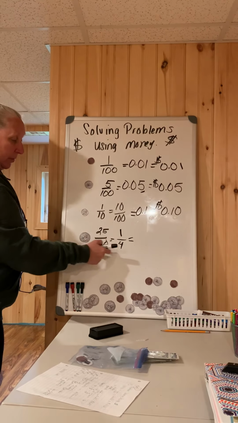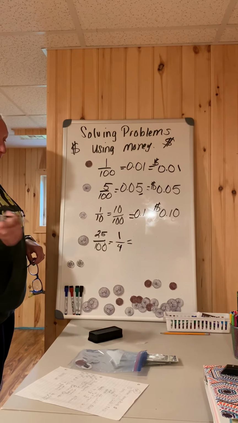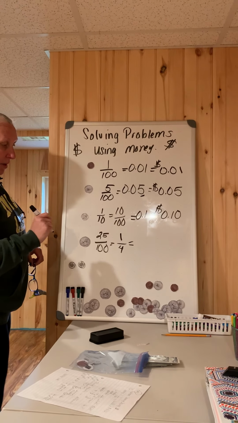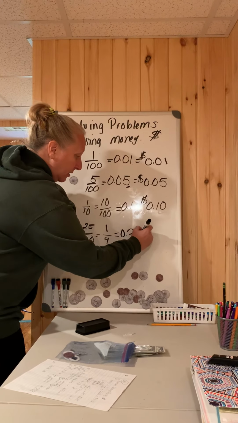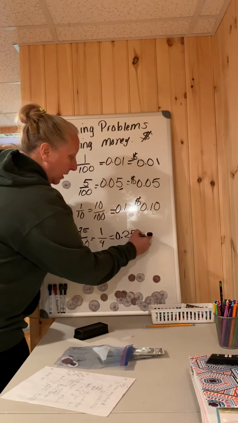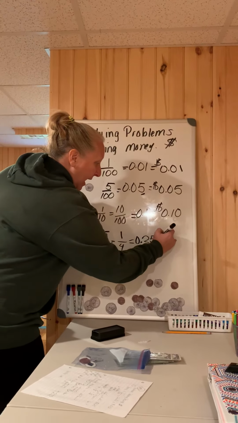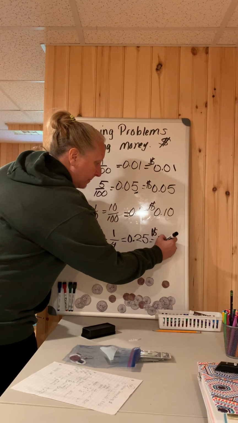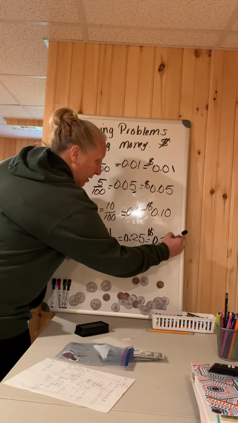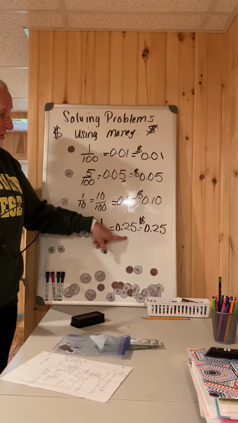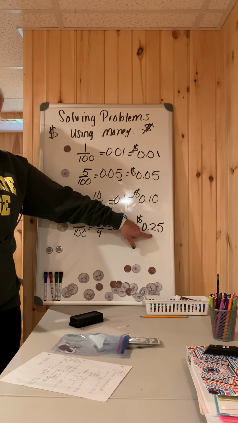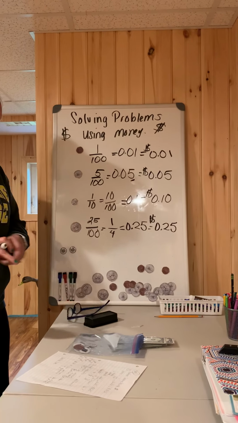I'm going to be working with this in about a minute in a separate problem. If I were to use it as a decimal, that's what it would look like. And by adding my dollar sign, I have now made this into money. 25/100ths is 25 cents, 25 out of 100.